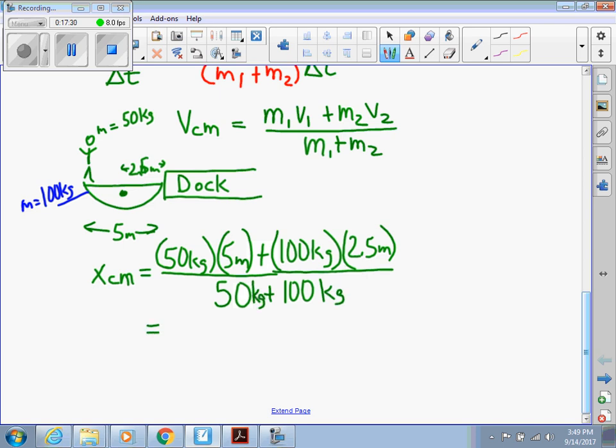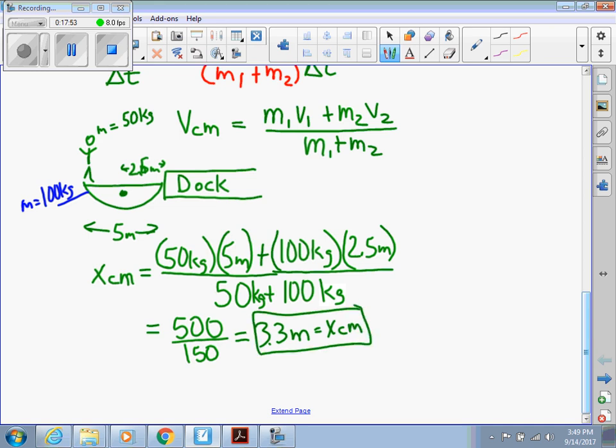We have 5 times 50 is 250, plus 100 times 2.5, we get 500 over 150. And so we have 3.3 meters as the center of mass of our system. And so this is going to remain the center of mass.